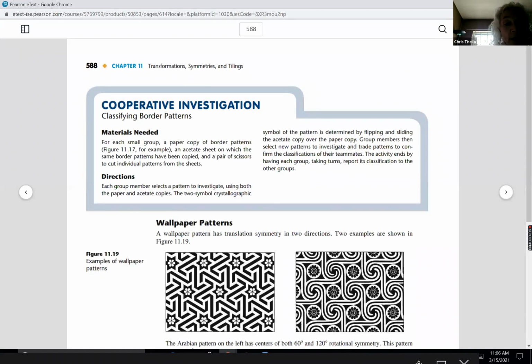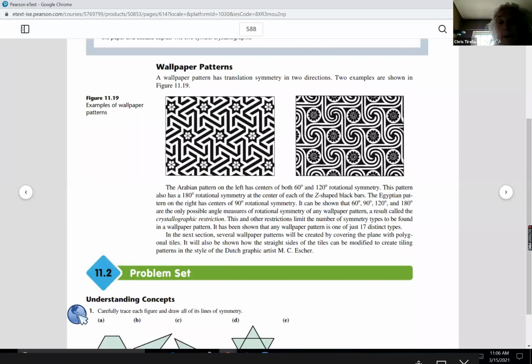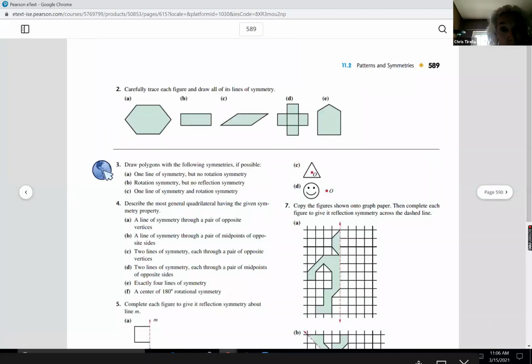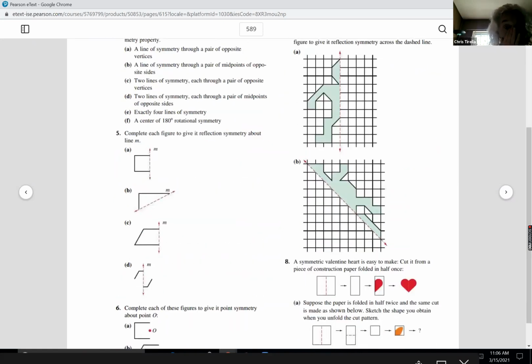So 588, number 2. Yes, you would need to draw those pictures and draw in the lines of symmetry. And 5, yes, you'd need to draw those pictures and draw the reflections.